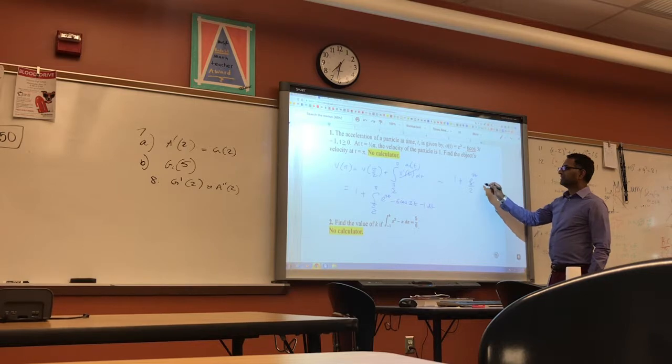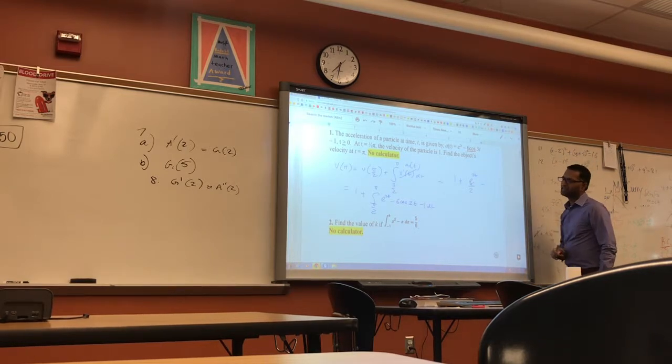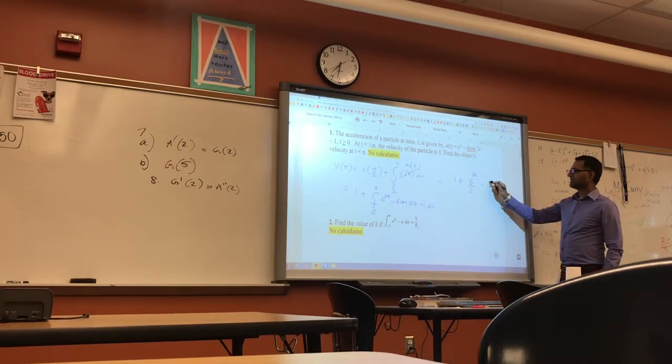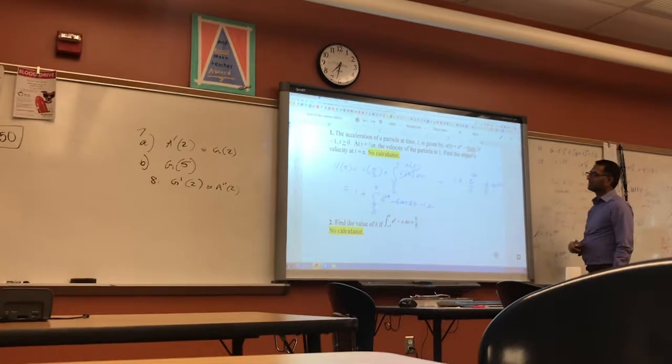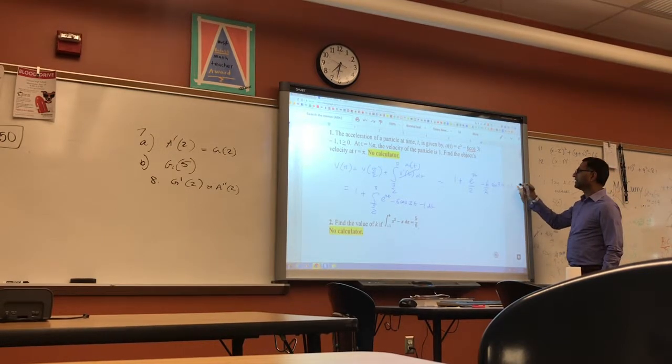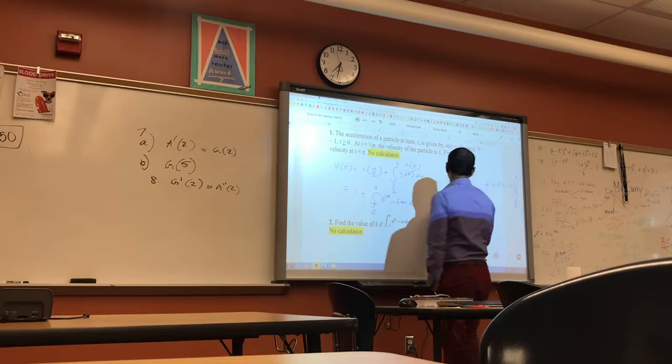e^(2t) over 2, minus 6 over 3 sine 3t, minus t, lower limit pi over 2, upper limit pi. Put parentheses here, because the 1 is outside.